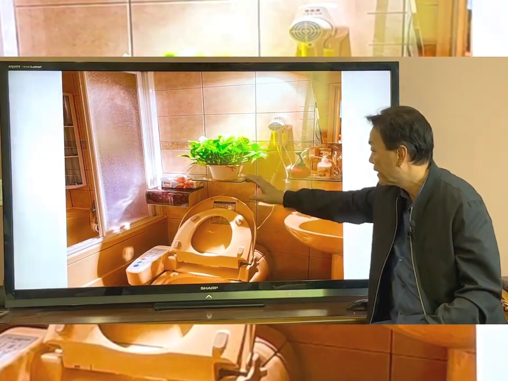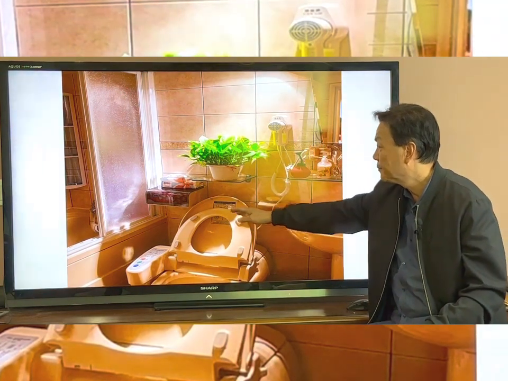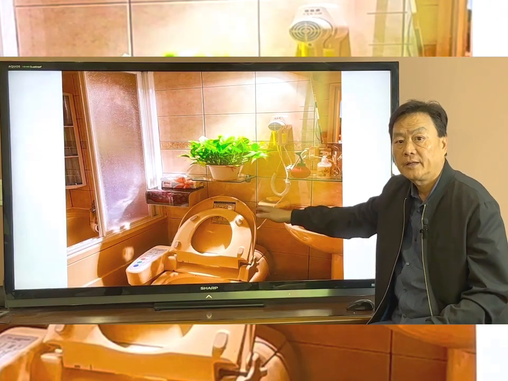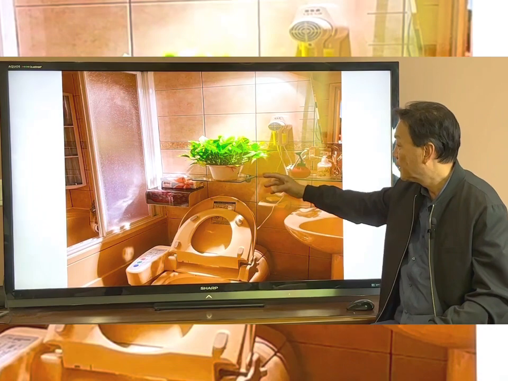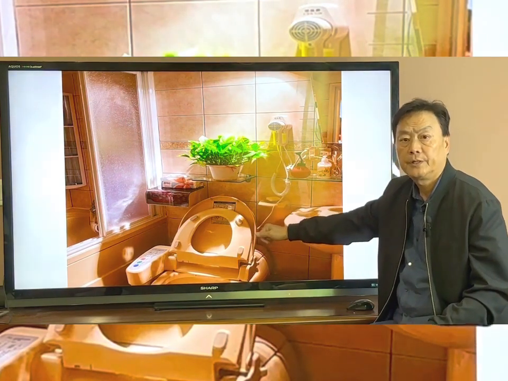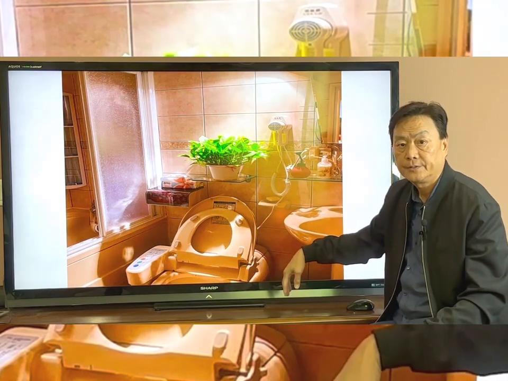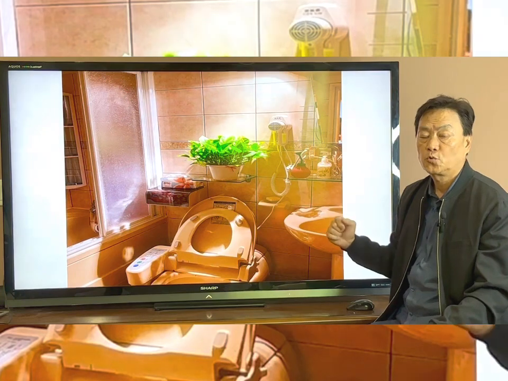Also, this plant has to be up high. For example, you can build a shelf over there, or put it on top of the toilet's water tank. That takes the effect away from the toilet bowl, because the toilet bowl is water flushing, and we generally lose money, because water in Feng Shui is money.